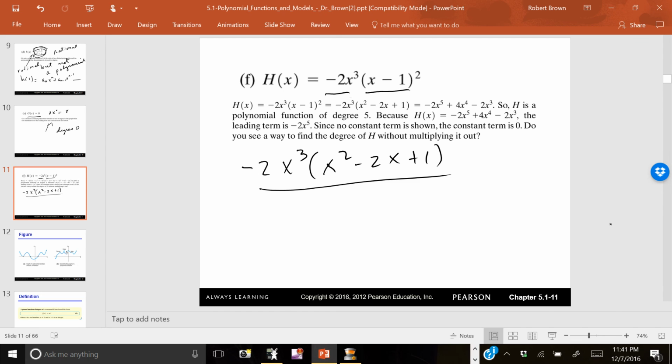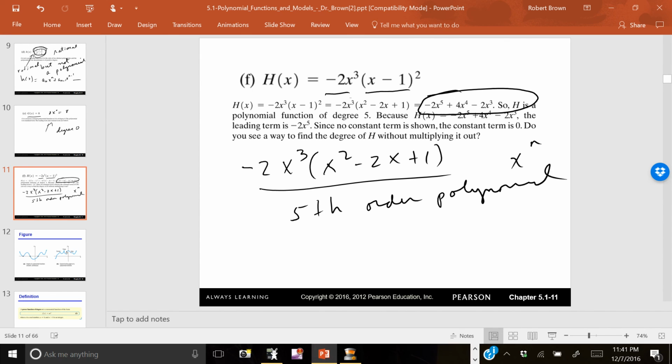And if you multiply that out, you get this. And you can very quickly see that every term is going to be x to some n power. And in this particular case, it's a fifth order polynomial.